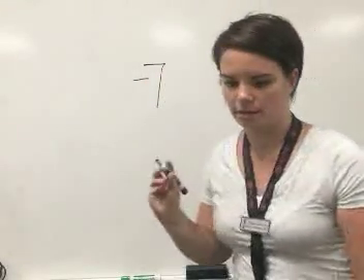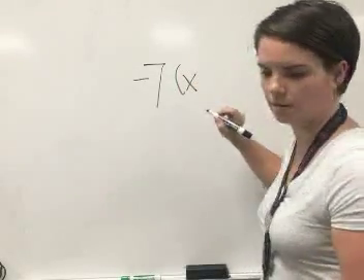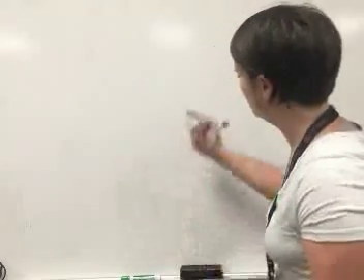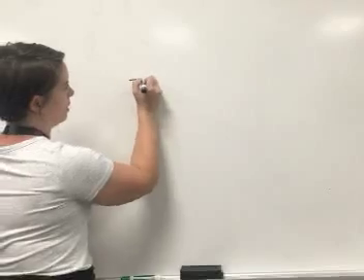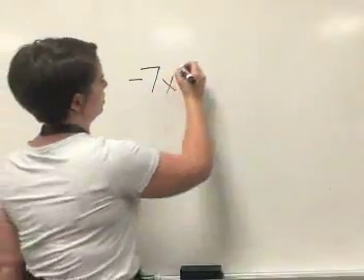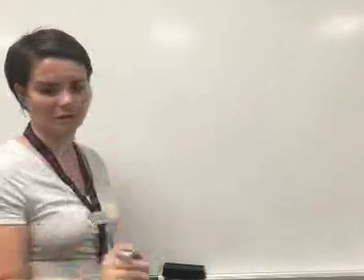-7(x + 9) = 9(x - 5) - 14x. I'm going to rewrite this. Forgive me.